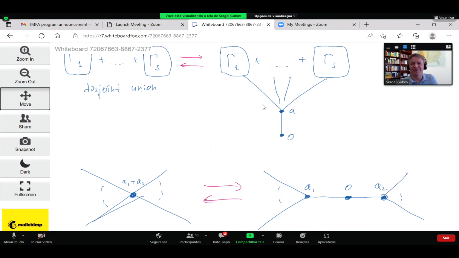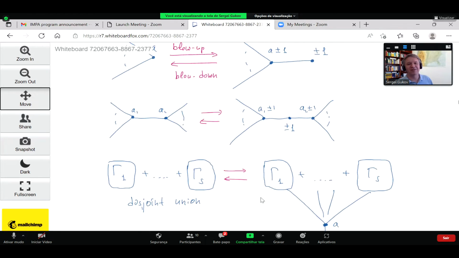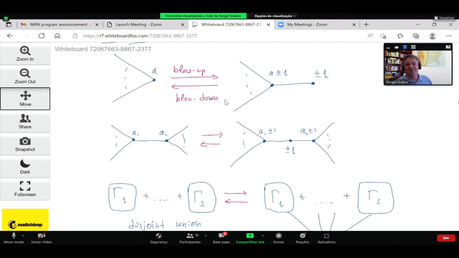So this is part of a typical textbook on Kirby moves, or 4-manifold or 3-manifold topology. So can I ask a question? Does this mean that we can always choose a representative for graphs where there are no vertices labeled 0 and plus or minus 1? Basically, yeah. What these Kirby-Neumann moves mean in practice is that if you see plus minus 1s or 0s, you can immediately apply some of these relations and get rid of them.